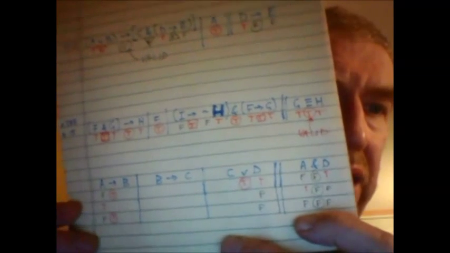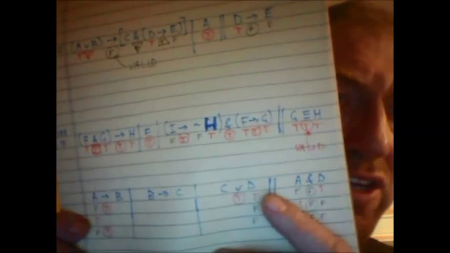Okay, so I filled in the truth values here, the 3 different varieties that will make the conclusion false, and I've carried the truth values for each of A and D over here. What we notice already is that in the rows where A is false, because A is the antecedent of a conditional, the first premise is already true. And where D is true, because that's a disjunction, that's going to make C or D true.